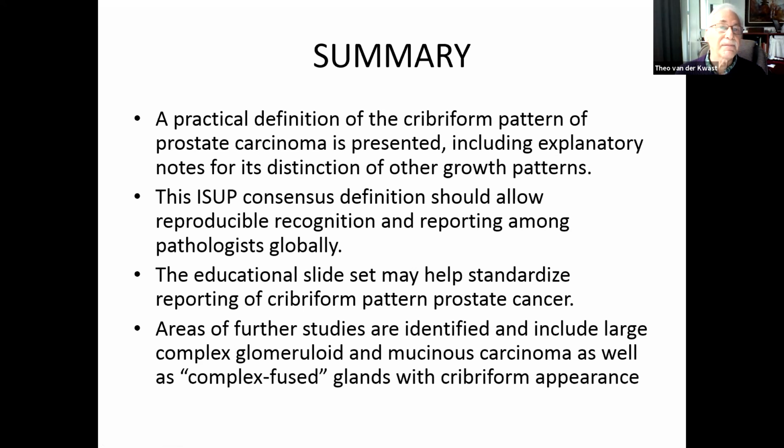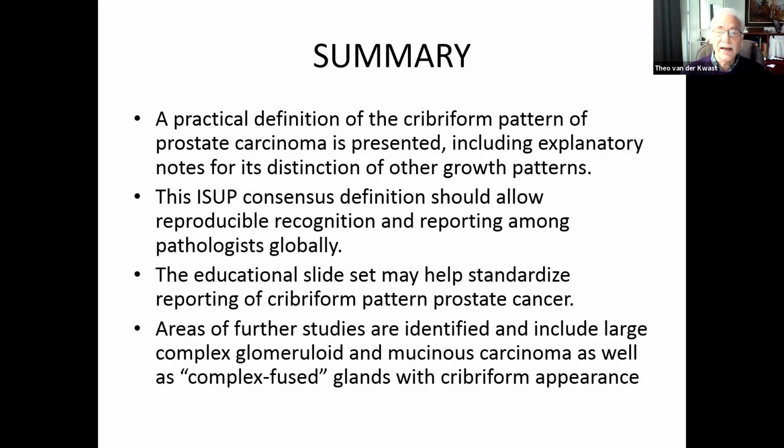In summary, this is the final slide of my presentation. A practical definition of the cribriform pattern of prostate carcinoma is presented here, including explanatory notes for its distinction from other growth patterns. This ISUP consensus definition should allow reproducible recognition and reporting among pathologists globally.